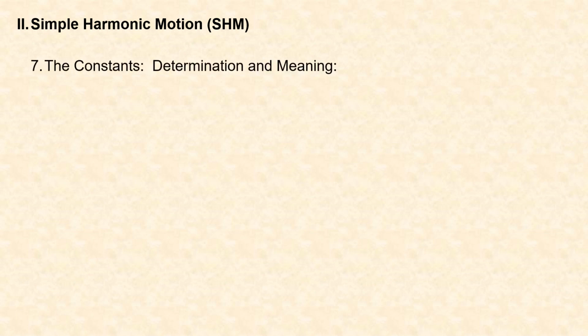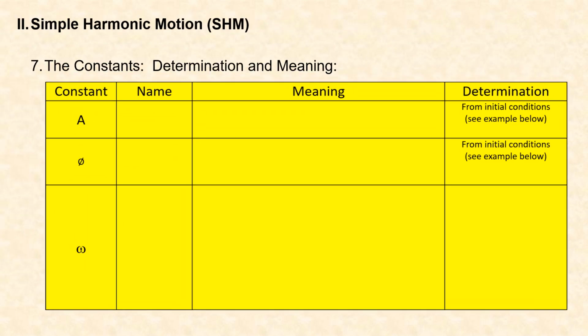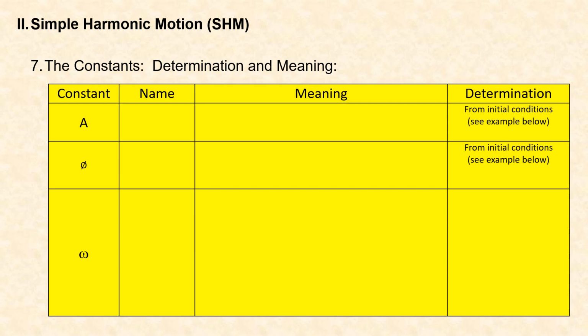So remember that our functions describing the position, the velocity, and the acceleration of the simple harmonic oscillator as a function of time were all expressed in terms of these three constants, A, omega, and phi. So let's start by giving them names.